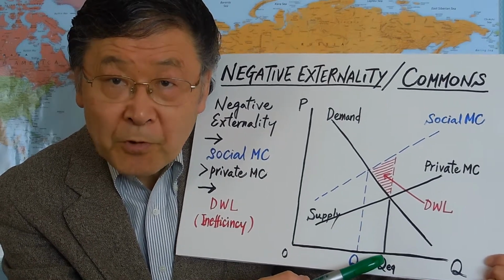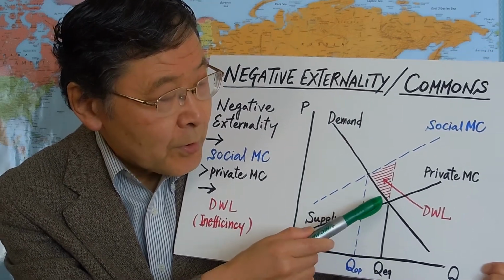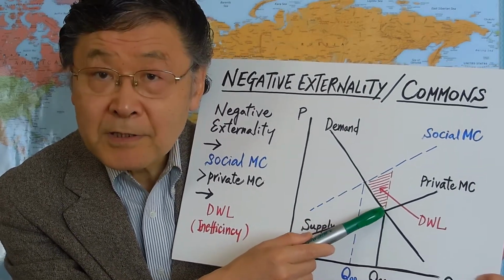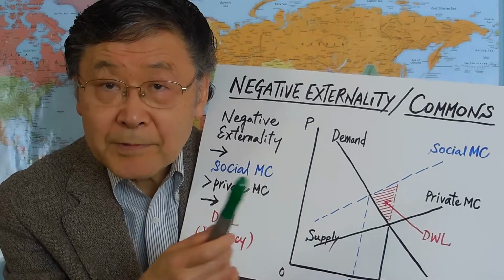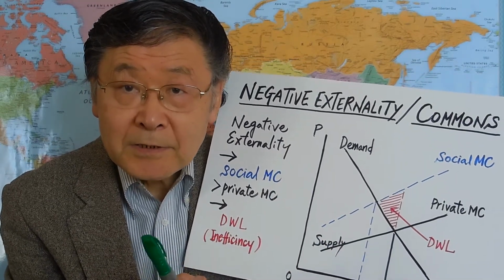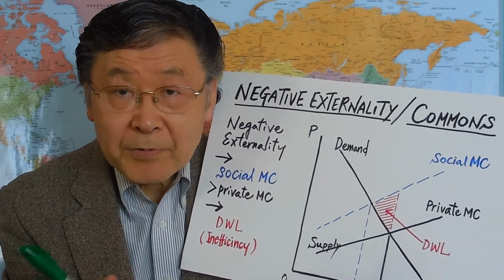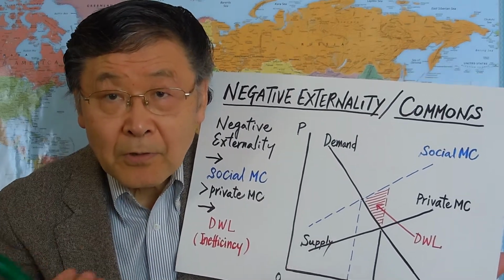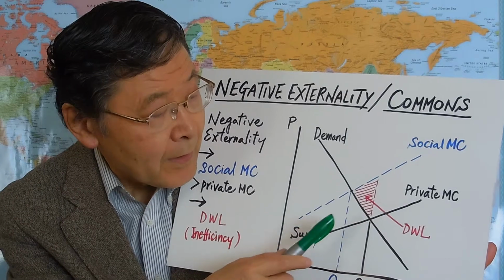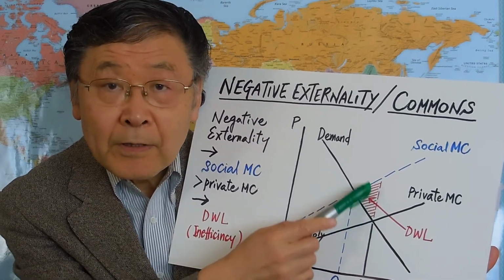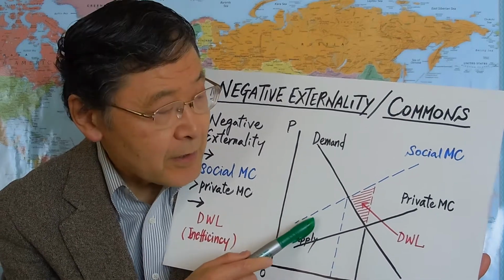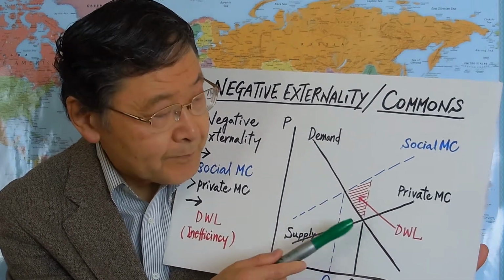But from the social point of view, the social cost is higher than the private cost because of the negative externalities. Pollution affects people's health, other economic activities, or even the global climate. Therefore, that kind of negative effect should be added to calculate the social marginal cost, which is higher than the private cost.